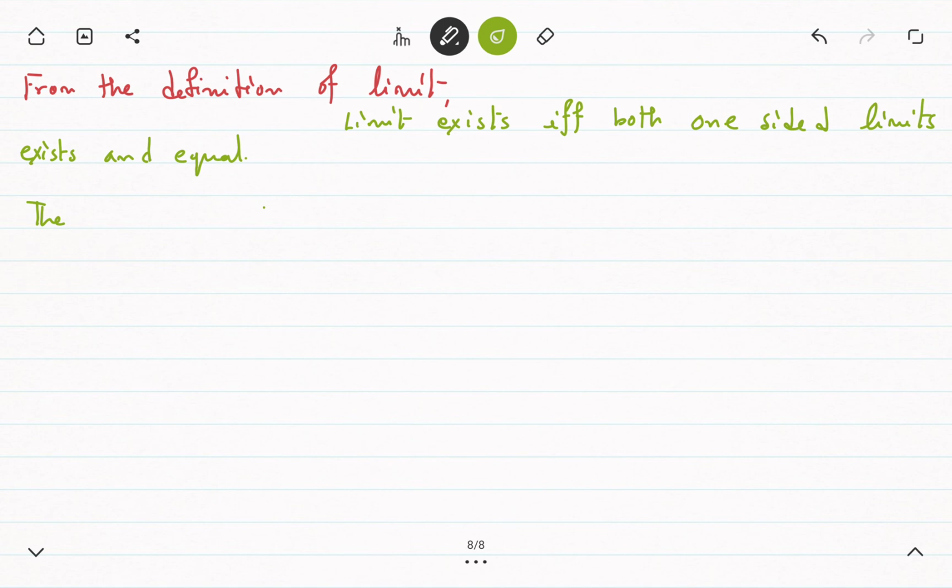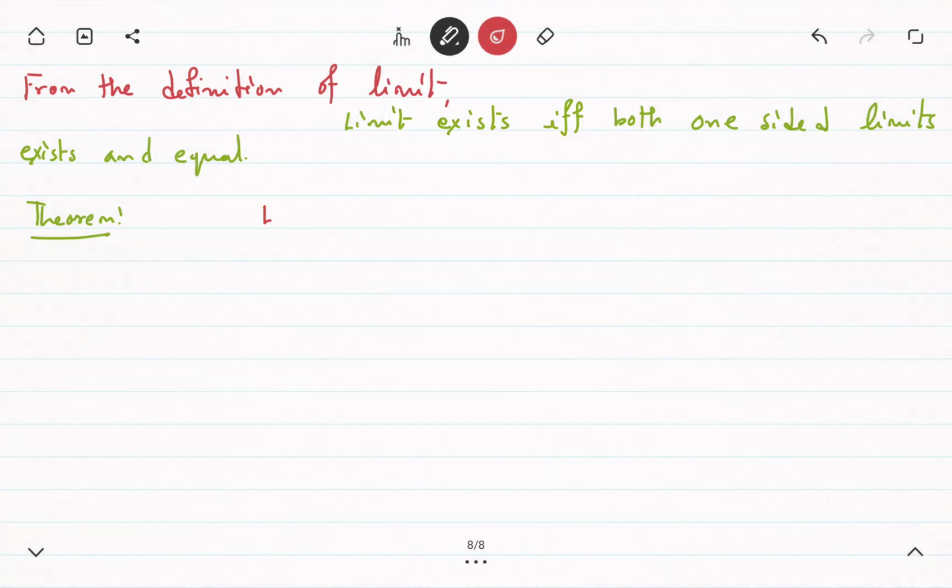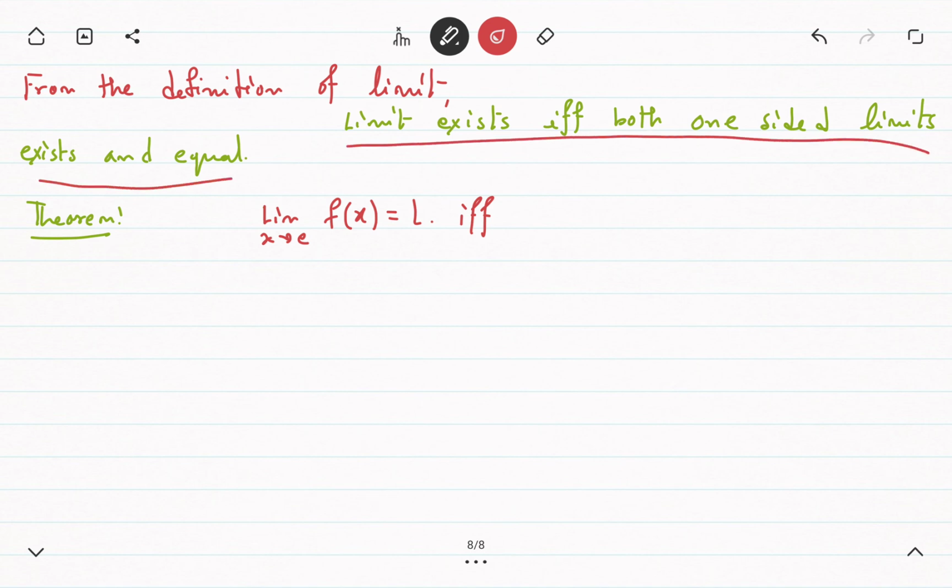So we write this theorem this way: the limit as x approaches c of f of x is L, which is the symbolic notation representation of these entire things, if and only if the limit of both sides exist.